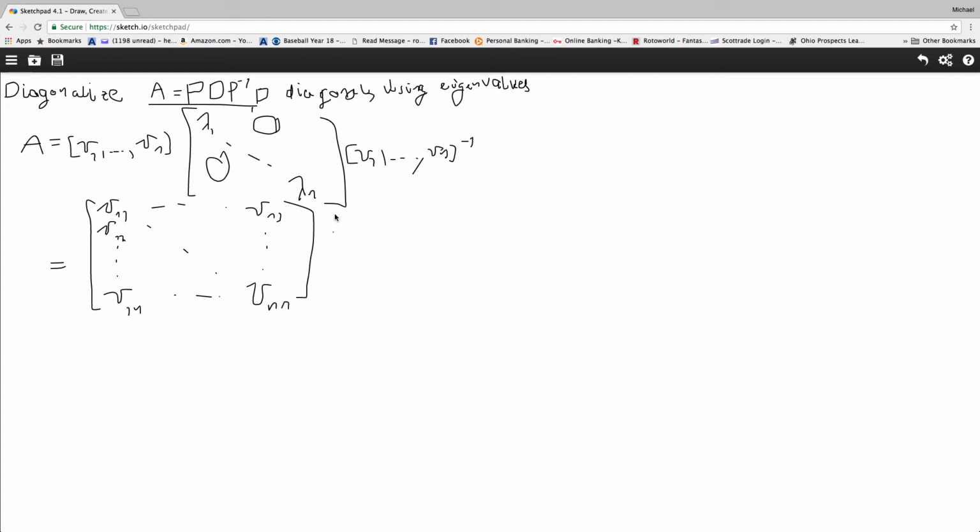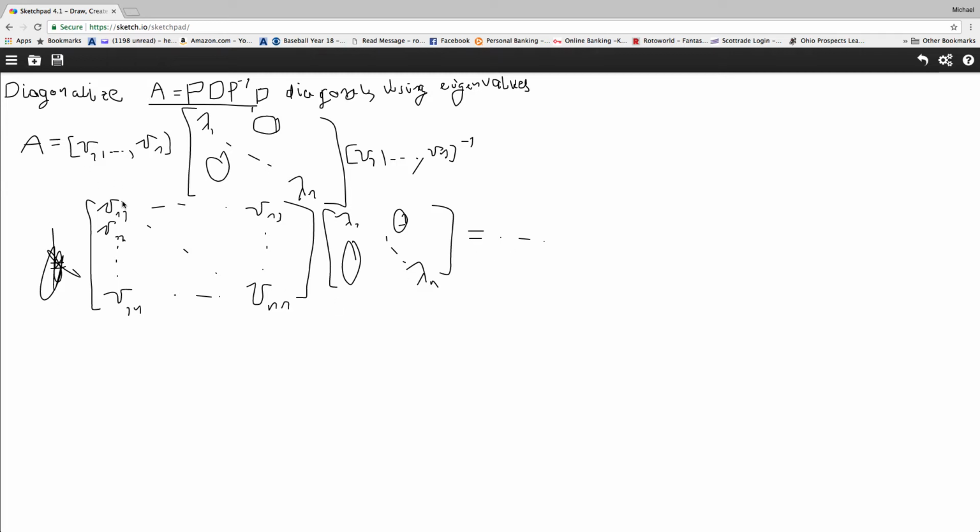Okay, and we're going to multiply this by the eigenvalues. Sorry for the poor handwriting, I'm not used to writing like this. And we have the other one, the inverse of it.